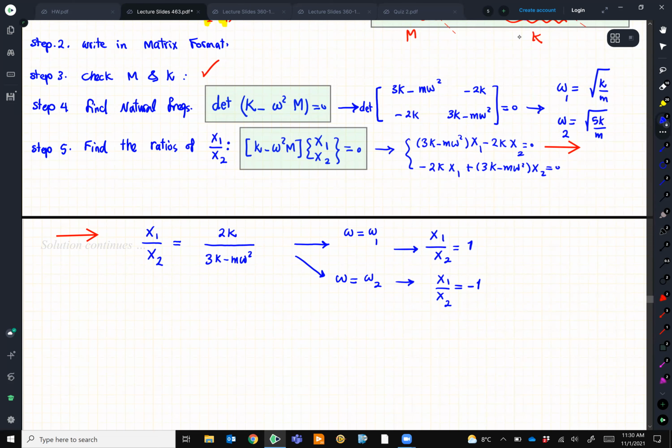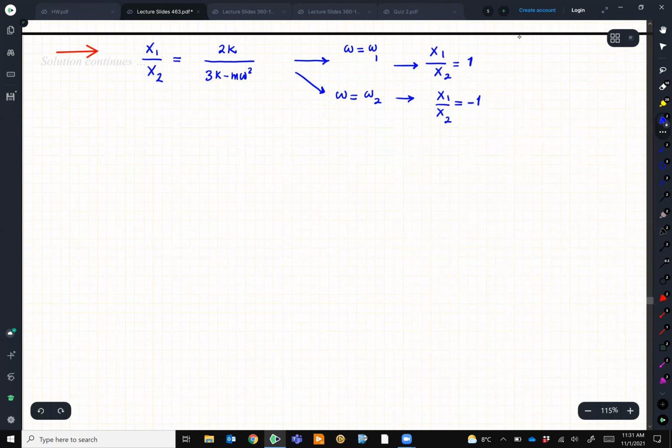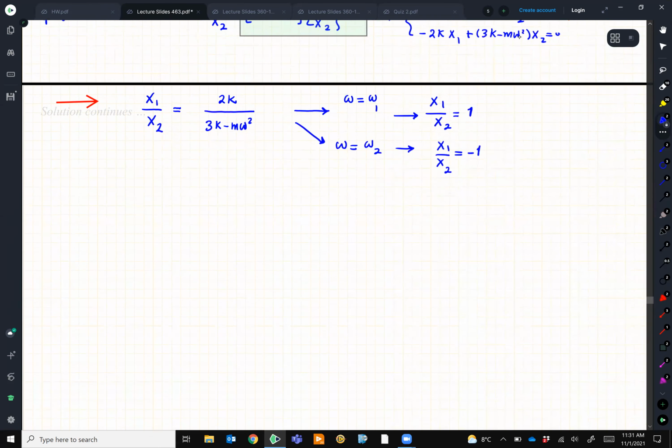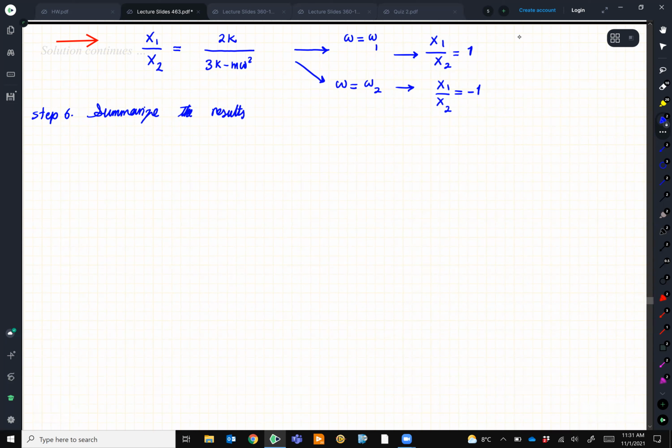All right. So since we are good, now step number 6, summarize everything that we found. Summarize result. So this is what we found. We have omega 1 for this system, which is square root of k over m.